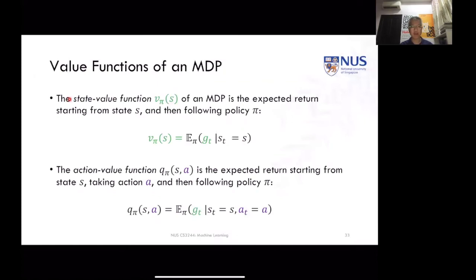The state value function is the same as before, but now we're indexing it using a subscript for the policy, which is basically saying what is the expected return, just like before, but following a certain policy once we're at state S. So this is just the expectation under the actions given by the policy for the average return, the expected return, when we're at this particular state S.